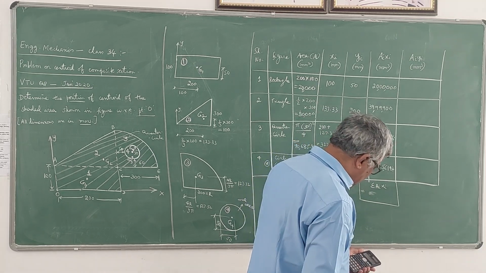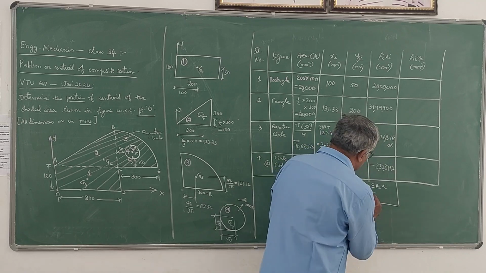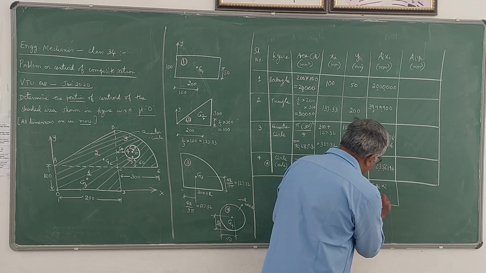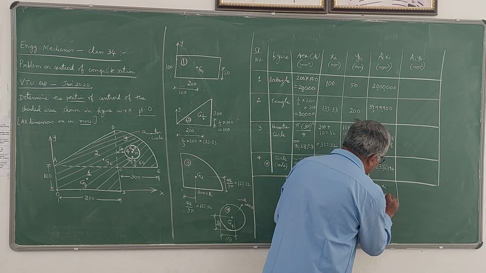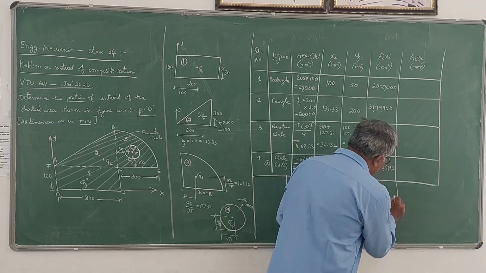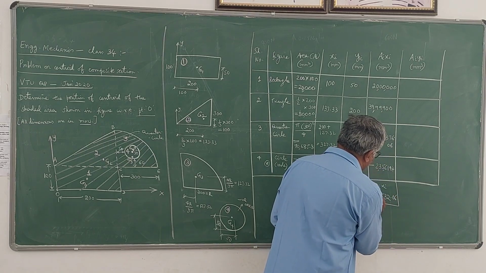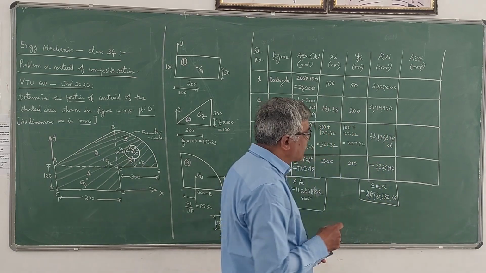So the value is 26780582.06. You should be very careful. Operate the calculator twice and check the answer.